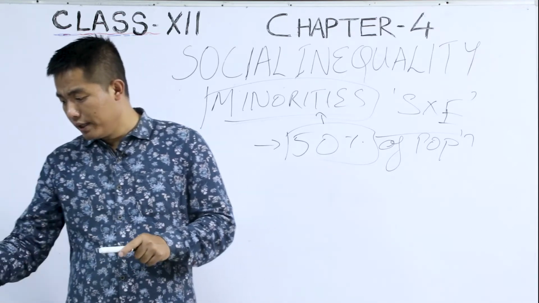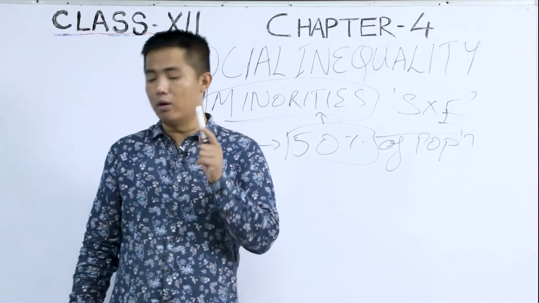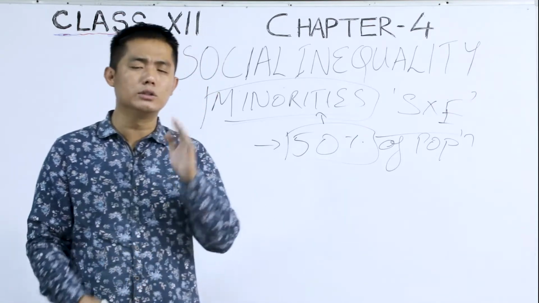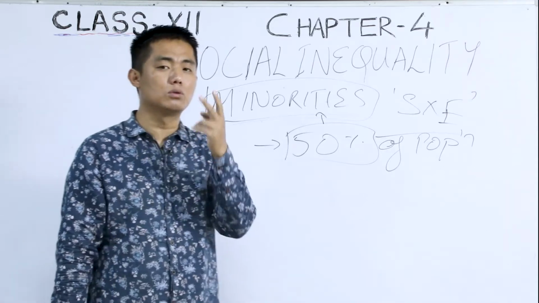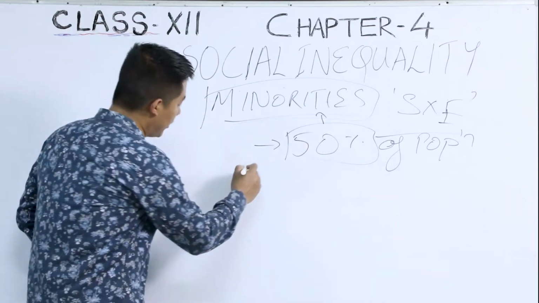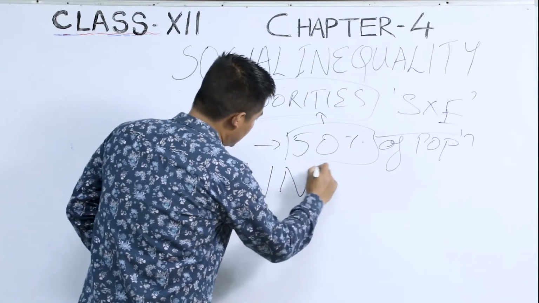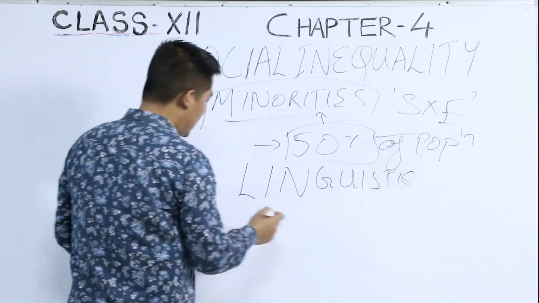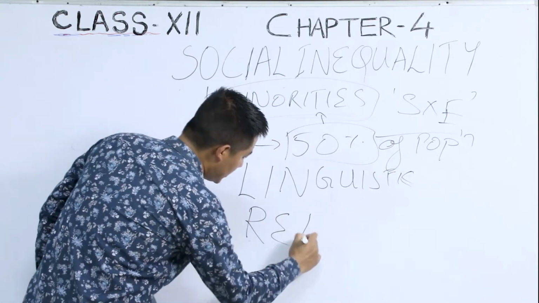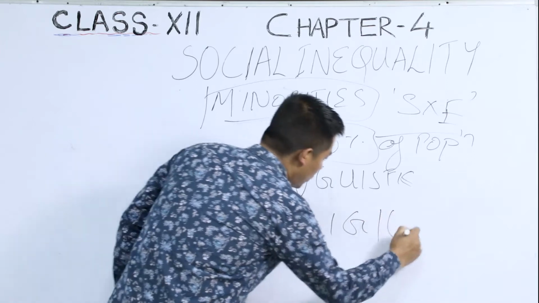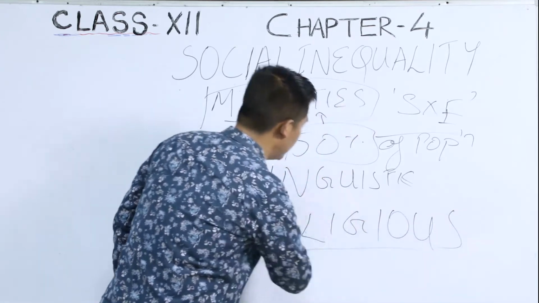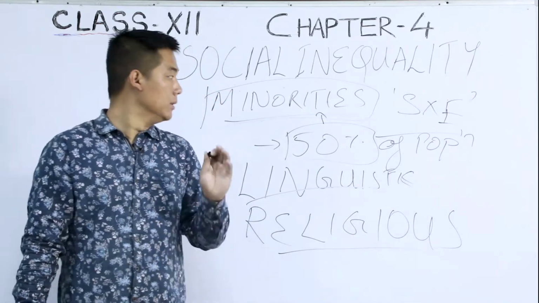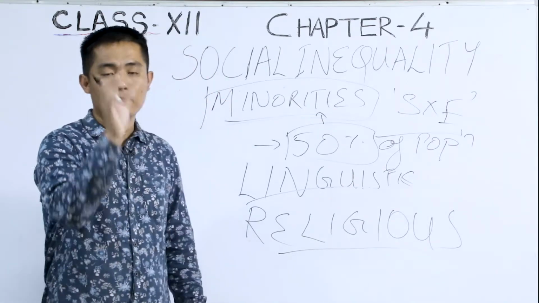Now, here it says that the Constitution of India considers two types of minorities. Who are they? The first is linguistic, L-I-N-G-U-I-S-T-I-C, the linguistic minority, and the next is the religious, R-E-L-I-G-I-O-U-S. The linguistic and the religious minority groups are what we see in India according to the Constitution.